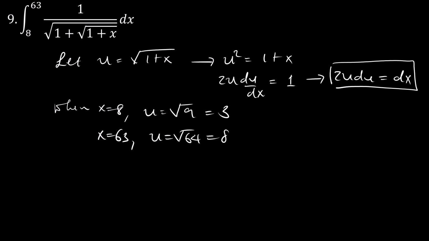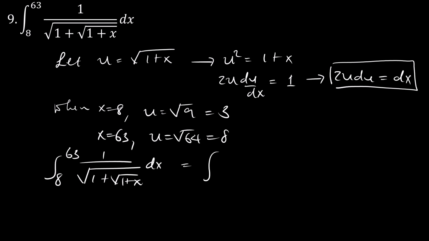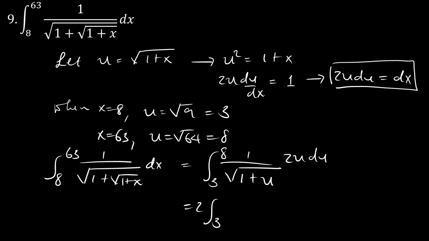So converting from the x domain to the u domain, we have the integral from 3 to 8 of 1 over 1 plus the square root of 1 plus u, times 2u du. We can pull 2 out, so we have 2 times the integral of u over 1 plus the square root of 1 plus u.